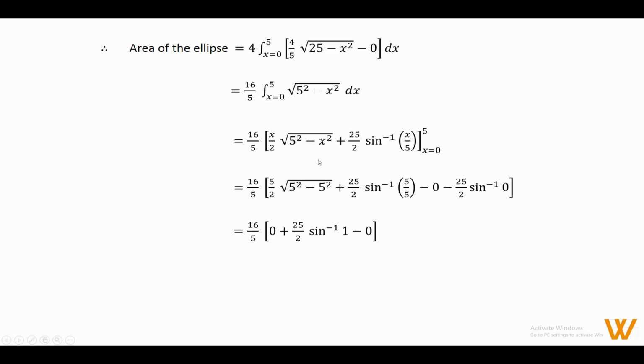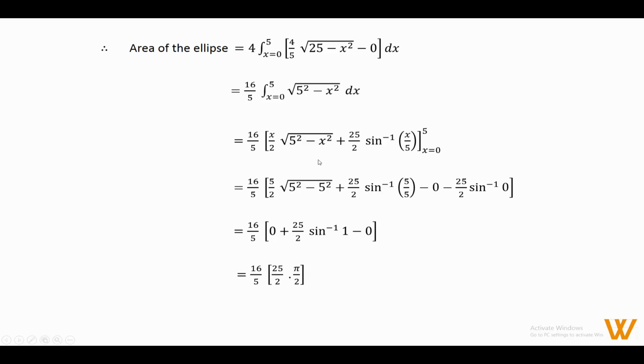We get 16/5 inside the bracket, 5 squared minus 5 squared is 0, so this first term is 0, plus 25/2 sin inverse of 5 upon 5 is sin inverse 1, minus 25/2 sin inverse 0 is 0, so this term is 0.